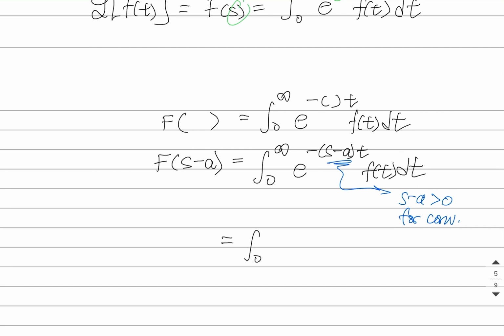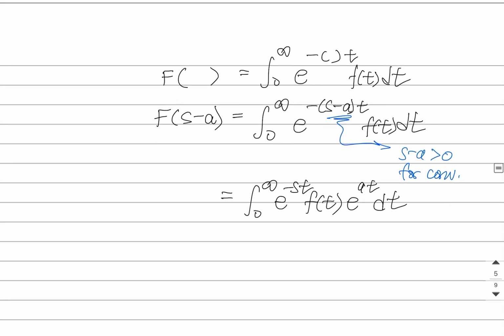But given that fact, what I'm allowed then to do is to split this up. I'll have e to the minus st f(t) dt, times e to the at. And effectively what I found is that, hey, this is the Laplace transform of a different function.